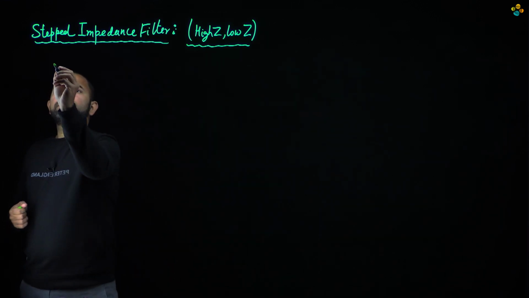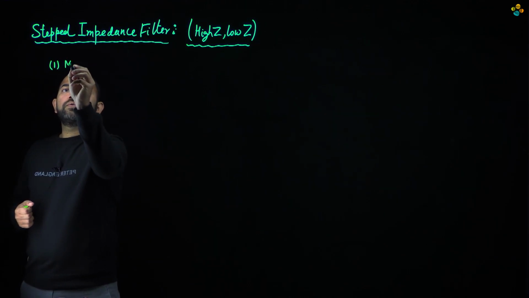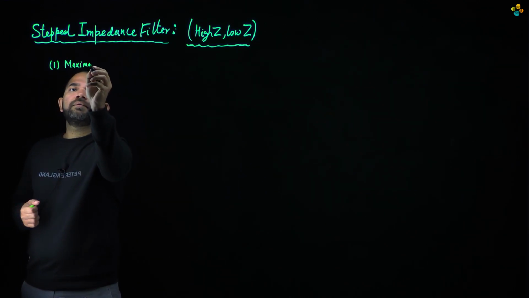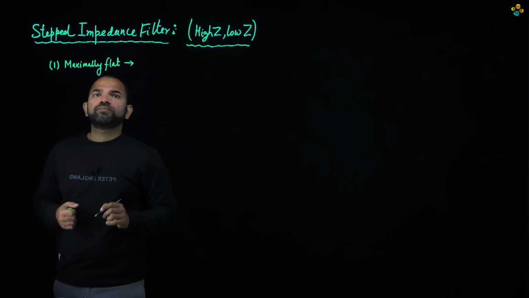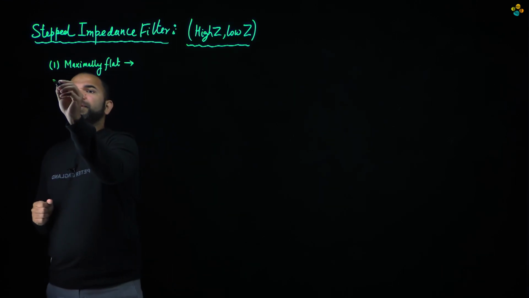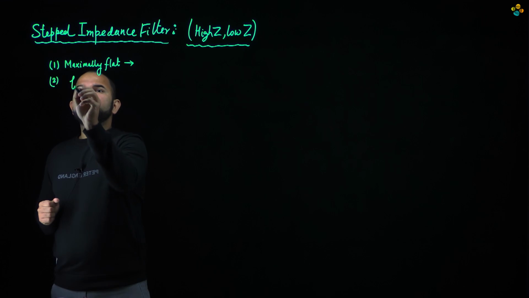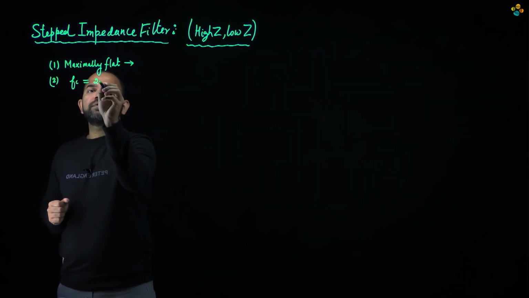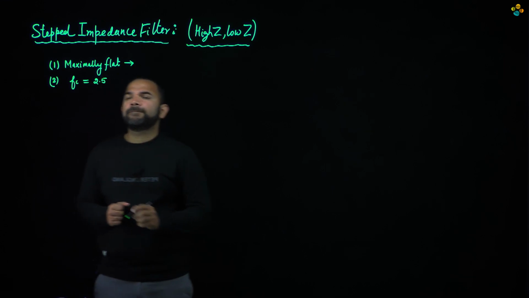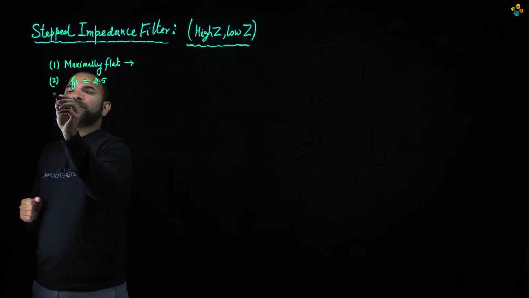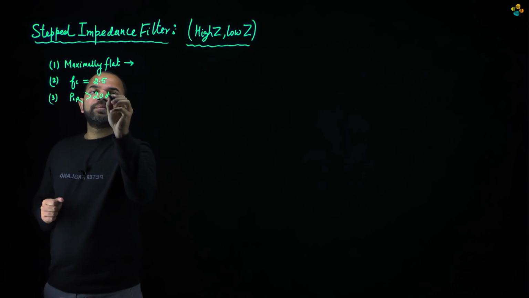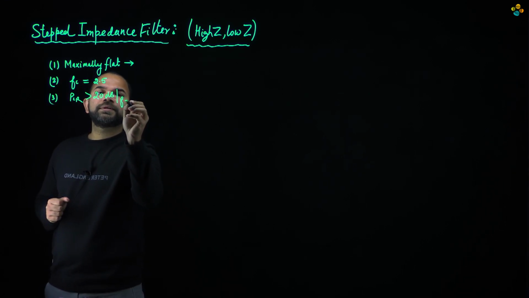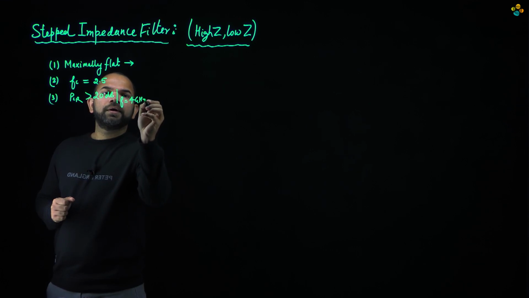So let's write down the key information for this example. The first thing is the choice of the filter. So we have a maximally flat response. The second thing given is the cutoff frequency, which is 2.5 gigahertz. The third parameter given is the PLR, which should be greater than 20 dB at a frequency of 4 gigahertz.